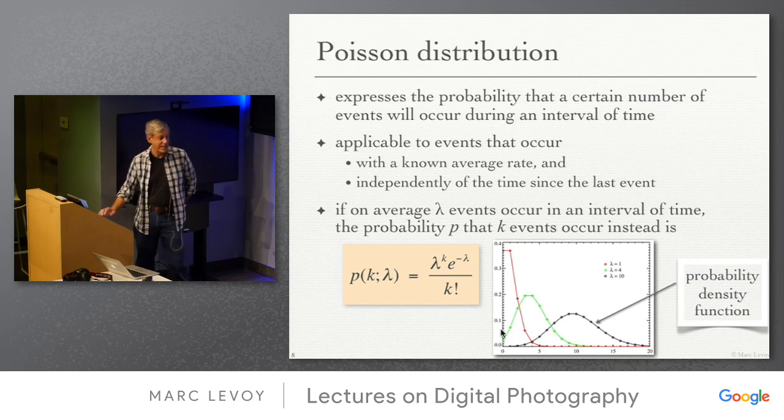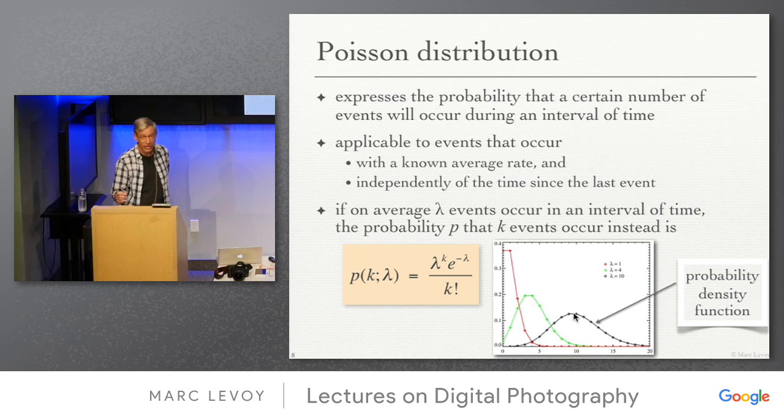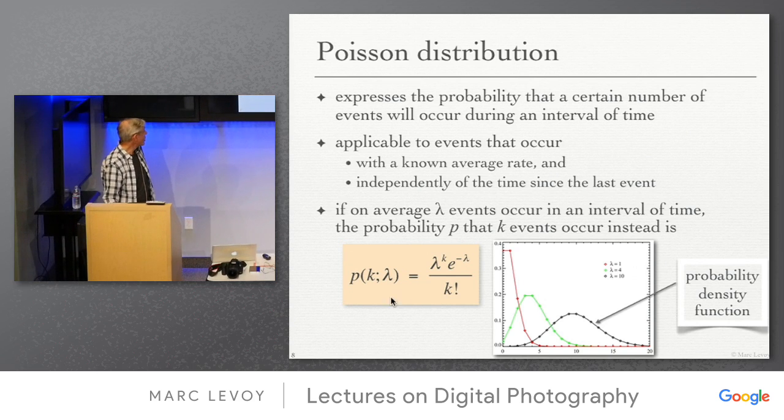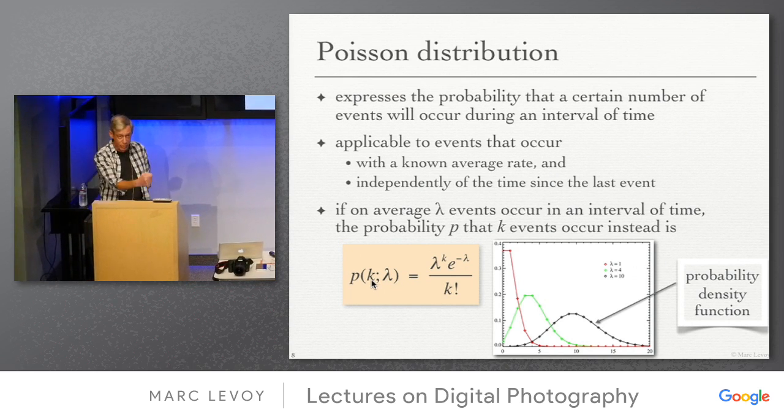It's 8% or whatever it is. Actually, the probability that exactly the average, the 10, will strike the sensor is itself relatively low. Usually it'll be some different number. And if the lambda is different, then it has different shapes. So it's a function of both the average number that will strike it and the probability that a different number, k, will strike it.